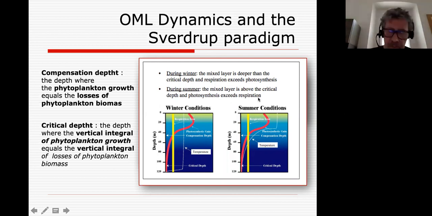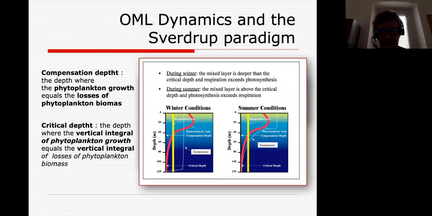So this is a very crude and very basic explanation of why in summer you can have more phytoplankton in the upper layer than in winter, and this is called the Sverdrup paradigm, which is crude in the description, but interesting because it highlights the relationship between the mixed layer depth and the critical depth and the growth and losses of the small algae, which play such an important role as the basis of the whole food chain and also as a carbon sink.